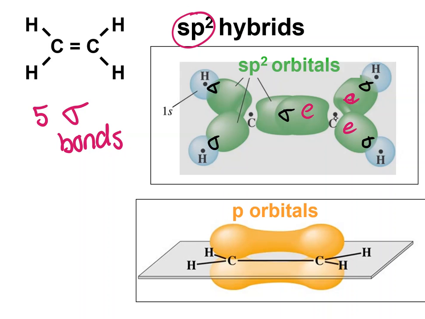Carbon has 4 valence electrons. The other one was in its p orbital. And do remember that this is 1 p orbital, and this is 1 p orbital. It's just that it's stretched in between. They started reaching out and touching.